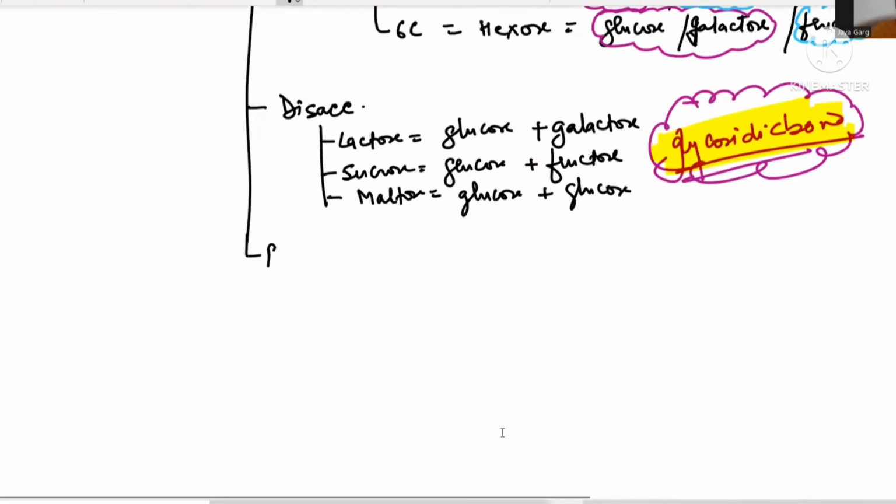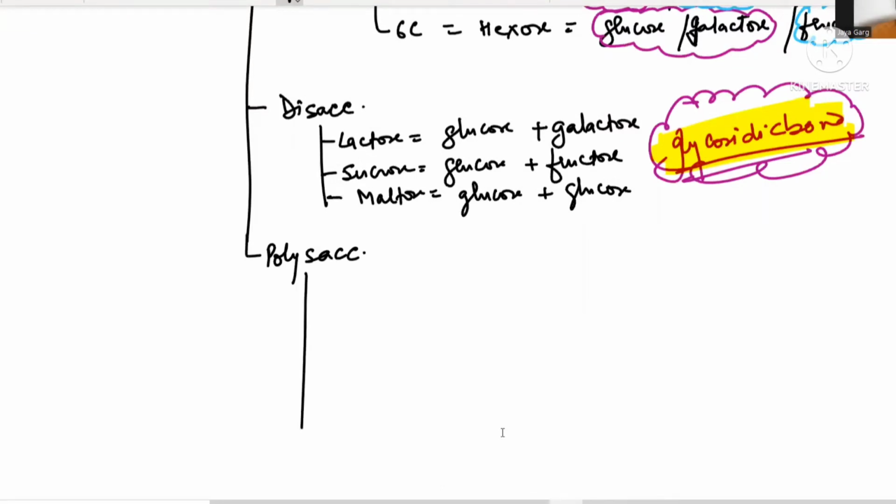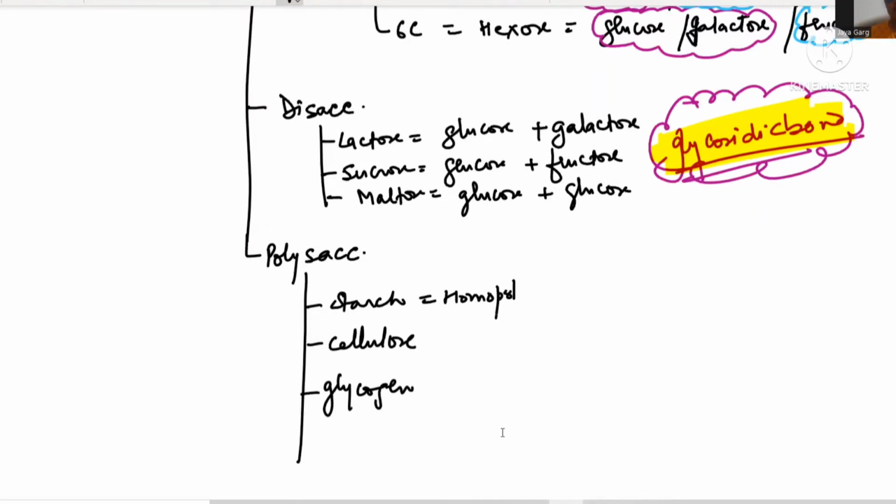Now when you see the polysaccharides, they are of three categories: starch, cellulose, glycogen. These are all homopolymers of glucose.